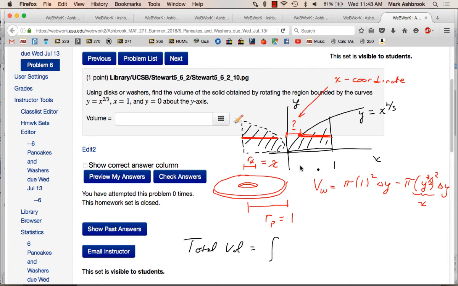Is it 0 to this one? We're stacking up the washers this way, so we need the y coordinate here, which also is 1. So when we do 0 to 1, make sure you know that that's this one up here. 0 to 1, pi minus, this is basically y cubed.